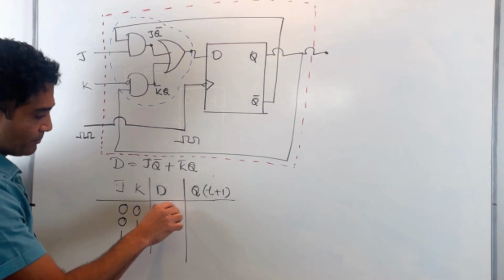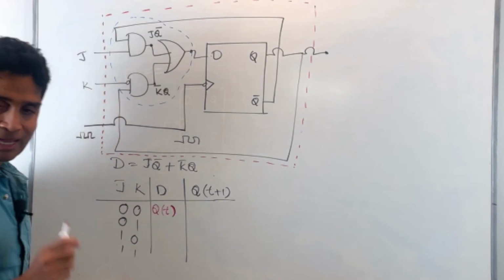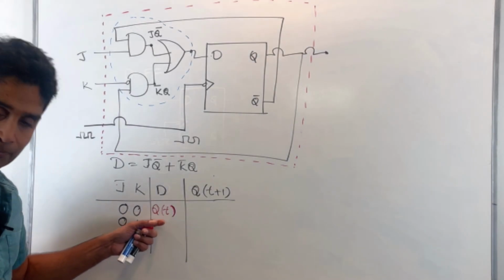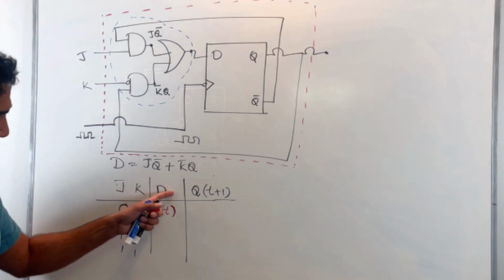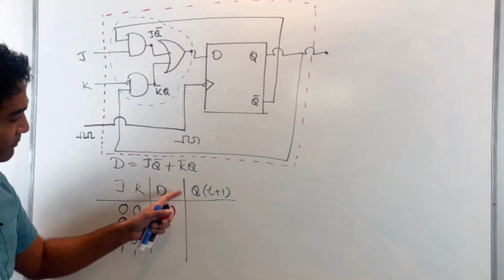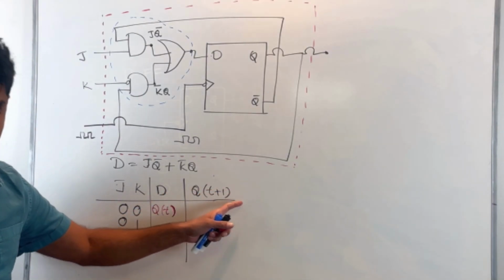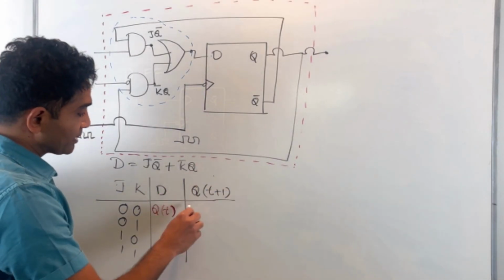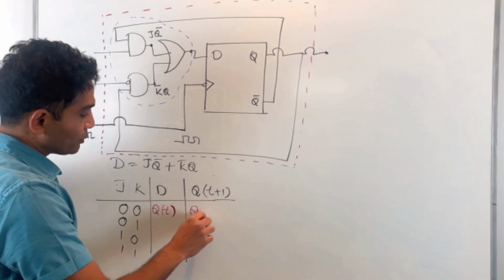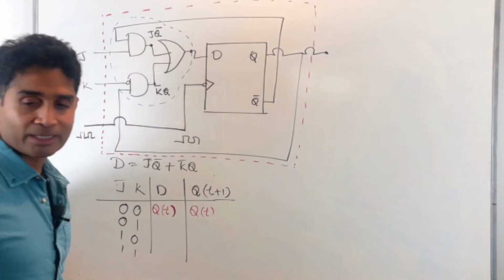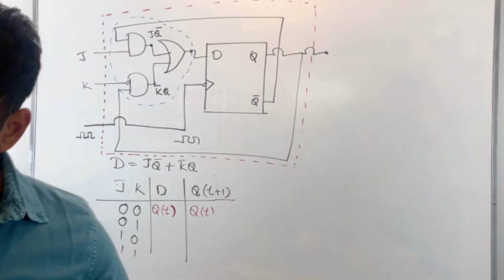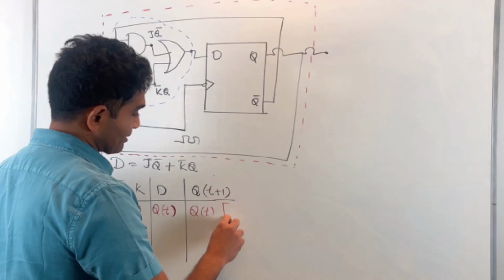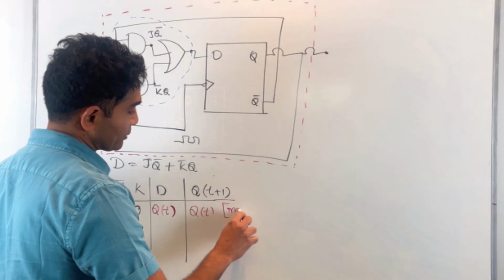Okay? That's the present value on D, and once this particular flip-flop is triggered, again the output follows the input for a D flip-flop. So once the flip-flop is triggered, the output remains as Q(t). The output doesn't change, right? And when the output doesn't change, we associate that with the memory condition.